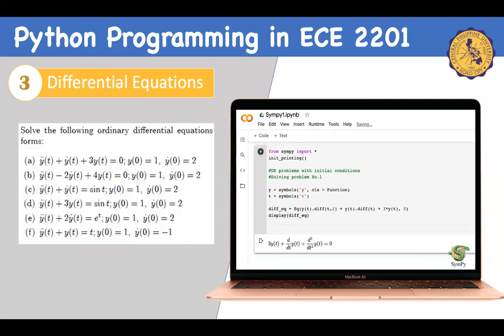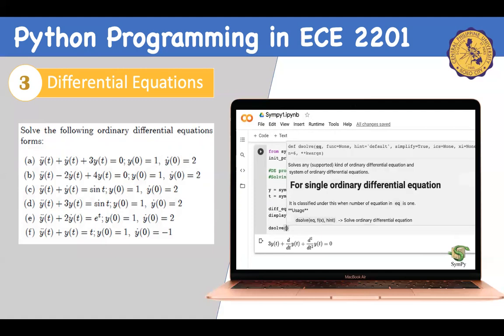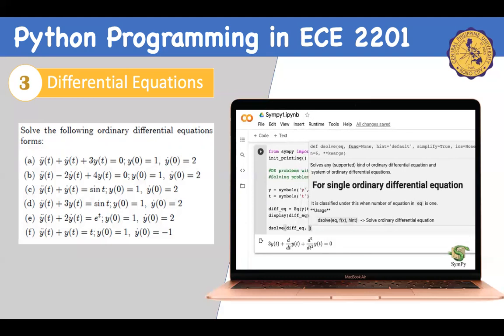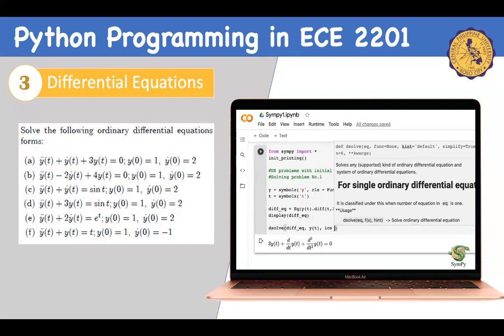Now, after displaying, we are going to solve using dsolve of y, of your differential equation, as a function of y(t), and then we are going to use the initial conditions. So ICS now is the initial condition. We have curly braces.